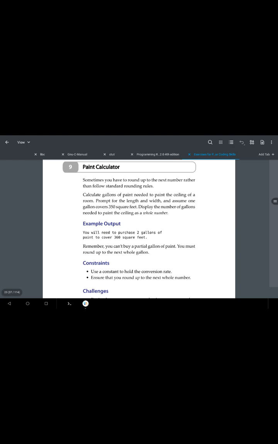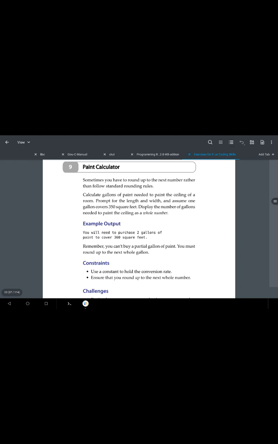For our calculation, 1 gallon is to 350. So how many gallons for, let's say for example, 600 square feet?